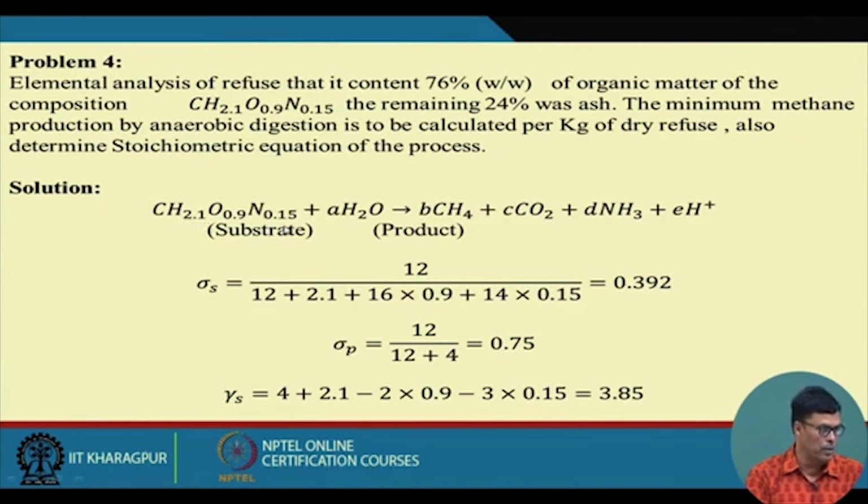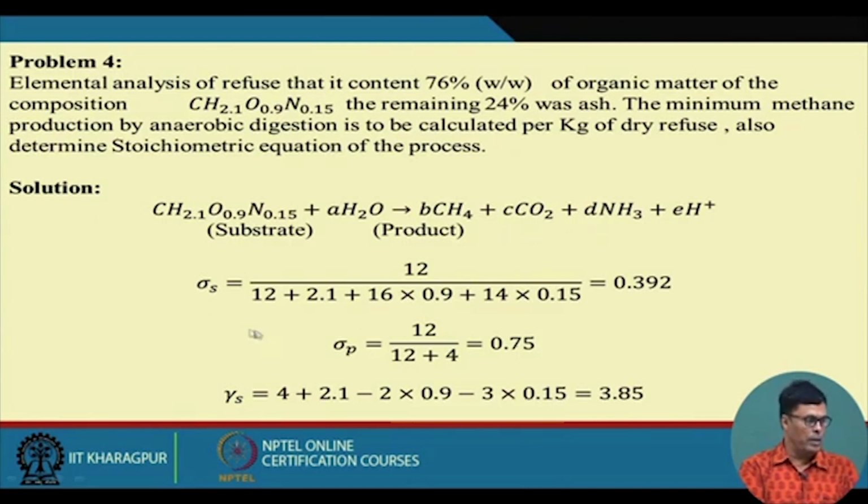So this is how we have written this equation. This is the substrate, then the water molecule, then it produces methane, carbon dioxide, ammonia, and then hydrogen ion. Here we considered methane as a product, and we ignored the cell mass produced, since it is an anaerobic fermentation process and we assume the biomass formation here is negligible.